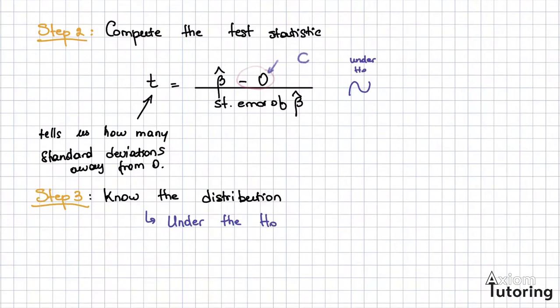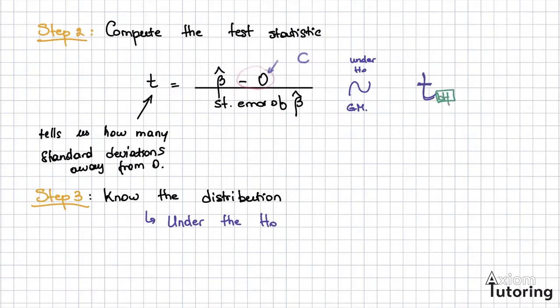So under the null hypothesis and assuming the conditions for inference hold, which here means the Gauss-Markov conditions, the test statistic will follow a t distribution. But remember, for a t distribution we also need the degrees of freedom.